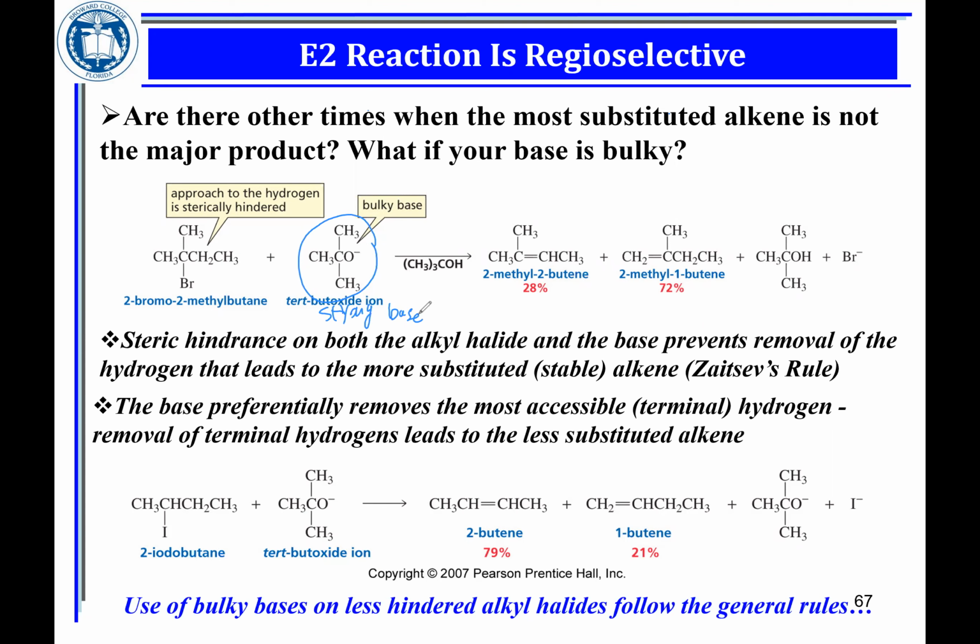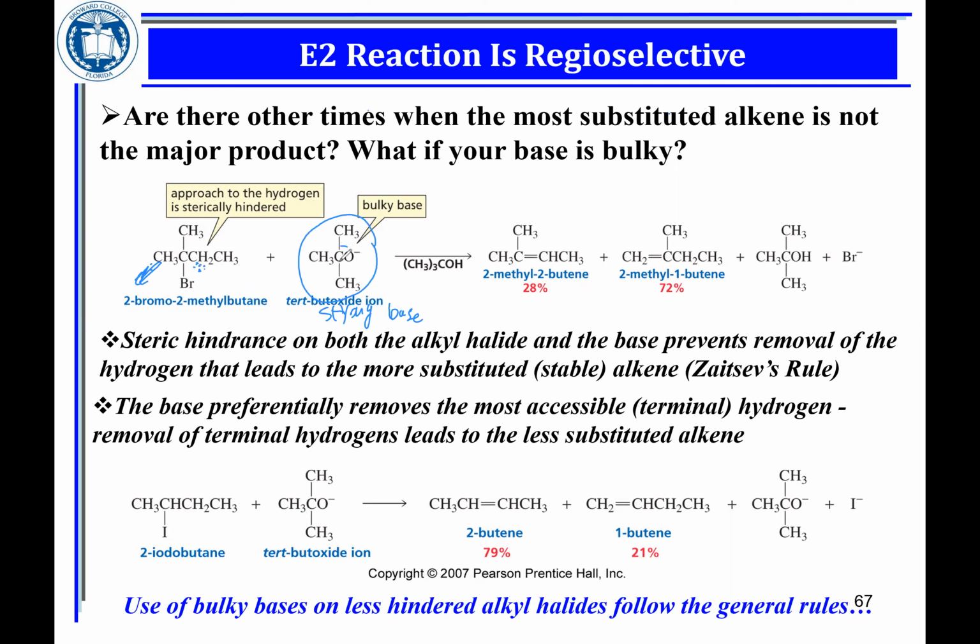Now, if you have a bulky, strong base, it's going to look for the most accessible hydrogen. It's not going to give you a 2R or 3R or more R alkene, because it's too bulky and cannot approach the hydrogen that is sterically hindered.